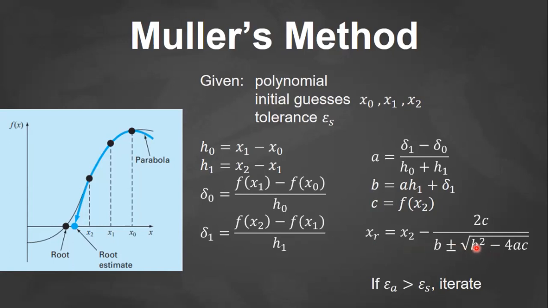Paghuman, we then check whether or not the approximate root, okay, so x sub r, is within the tolerance. Okay. Kuhaon nato ang EA kay present minus previous over present siya, times 100%. And we compare that, tapos kung ang approximate error kay greater than sa specified tolerance, then we continue our iteration. So basically, mao na ang process para sa Mueller's method.